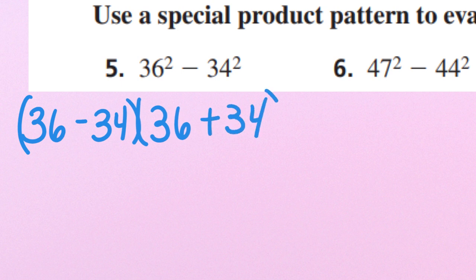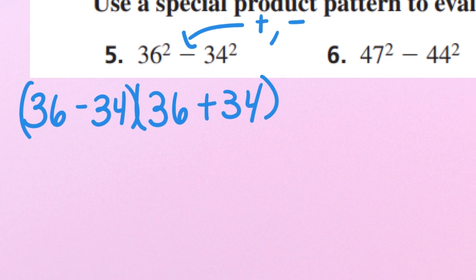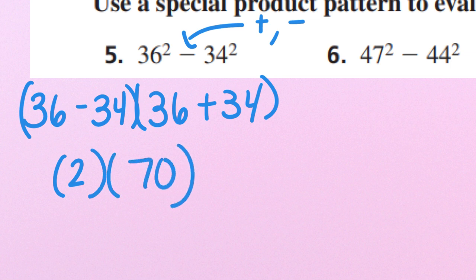If you notice, remember you have a negative sign in the middle, so we're going to have a positive and a negative. 36 minus 34 gives me 2, and 36 plus 34 gives me 70, right? 2 times 70 gives me 140. That's your final answer.